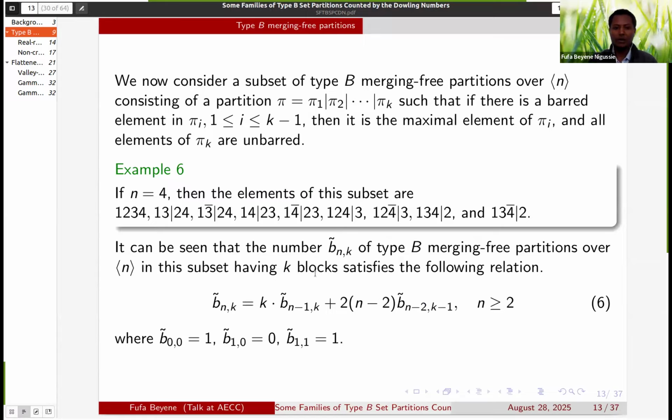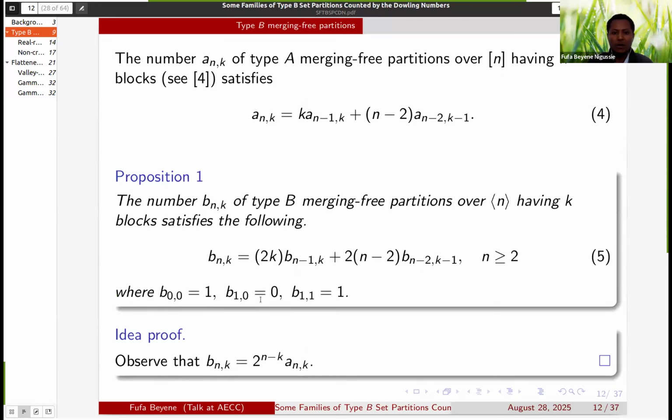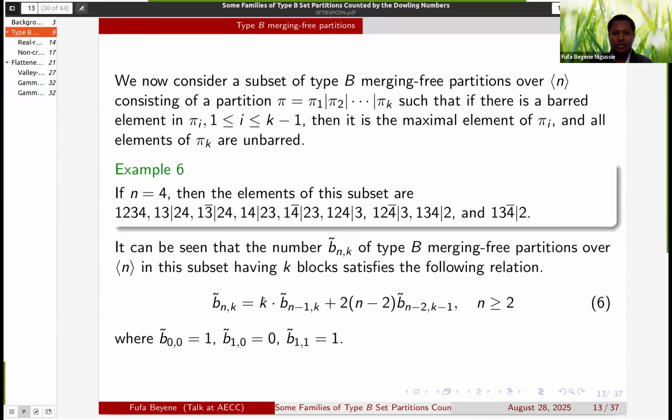So the difference from the original recursion: in the normal one, we have 2k, and here 2 times n minus 2. Here, you have just k, not 2k. The only difference is this one.